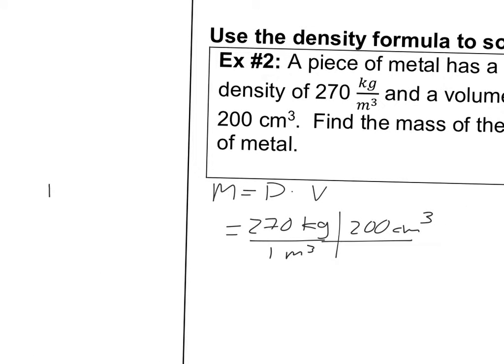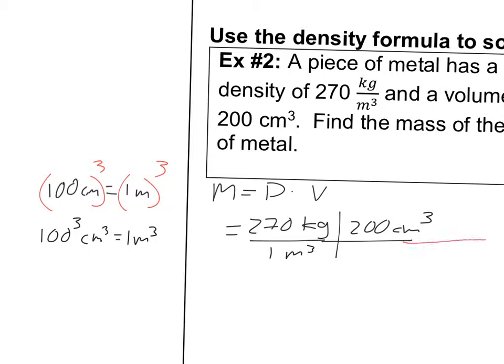We do know that there are 100 centimeters in 1 meter. But we're not talking about just centimeters or just meters. We're talking about cubic meters and cubic centimeters. So what happens if we cube both of these things? Well, that's 100 cubed cubic centimeters equals 1 cubed, which is just 1 cubic meter. So let's add that into our ratio. I'm just going to extend it.